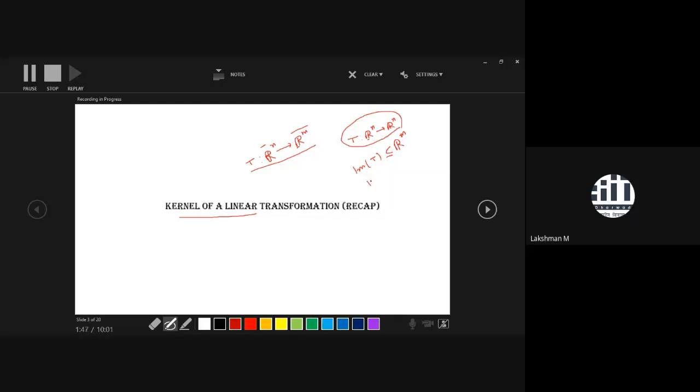So the claim that the kernel is perpendicular to the image space is not true in general. It is true only when your transformation is self-mapping, because the kernel and the image come from different spaces.